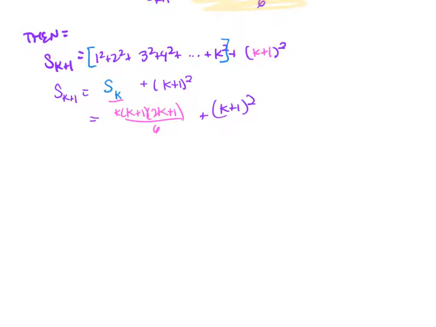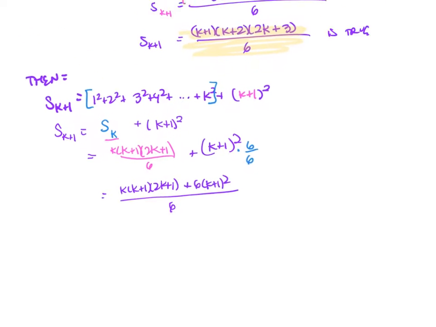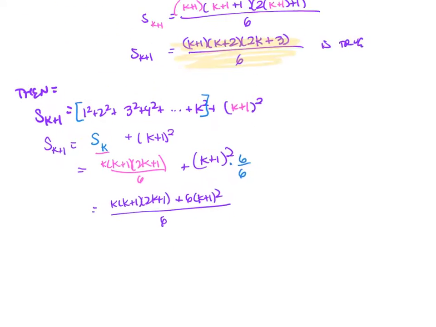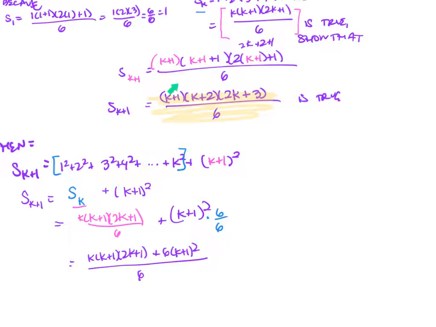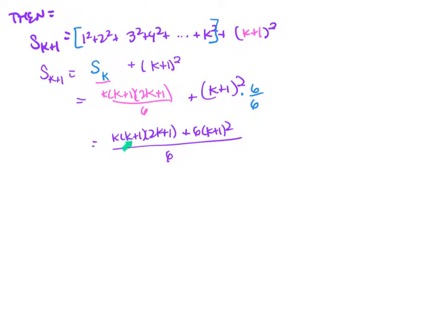So now in order to combine these two terms, we need to get a common denominator. So let's multiply this side by 6 over 6. So now this is k times k plus 1 times 2k plus 1 plus 6 times k plus 1 squared, all over the common denominator of 6. Now, just looking at where we're headed and what we want, so I want a k plus 1, and if I'm looking at these values here, I notice I have a k plus 1 and a k plus 1.